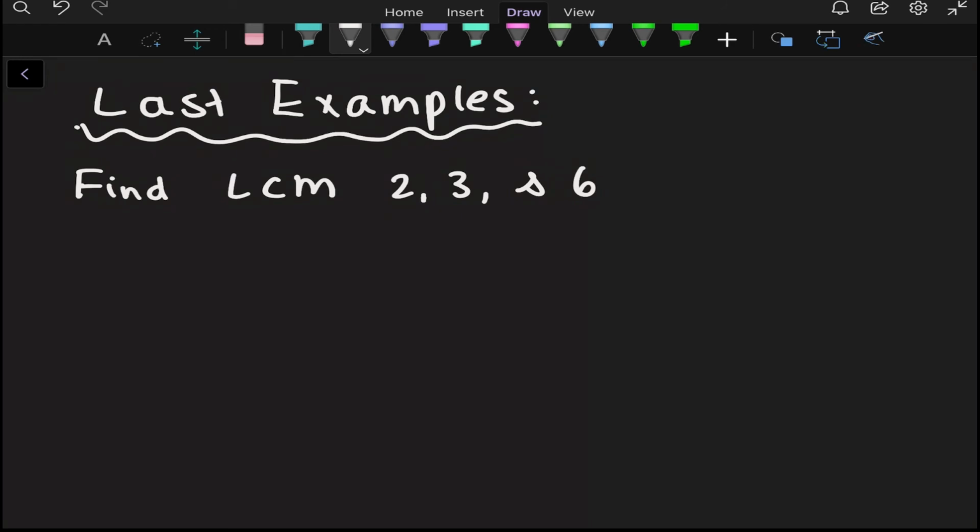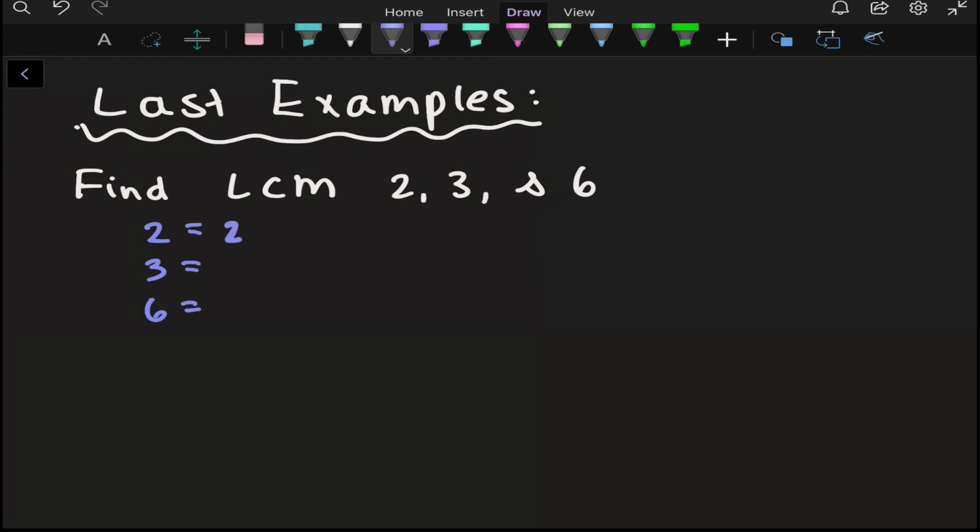We can remember that there's 2 different ways to find the lowest common multiple. One might be better than the other in this case. Just depends on what you prefer to do. Okay, so I'm actually going to list all of the multiples because they're numbers that I know.